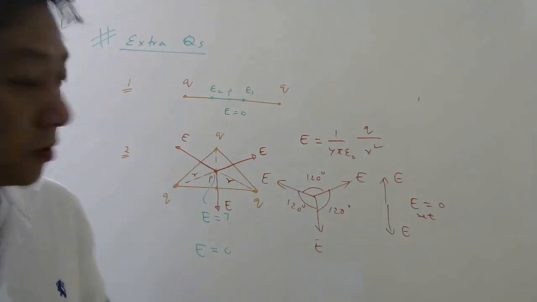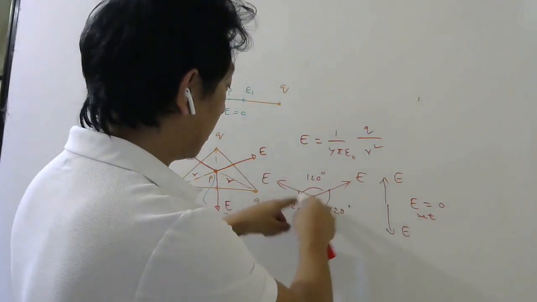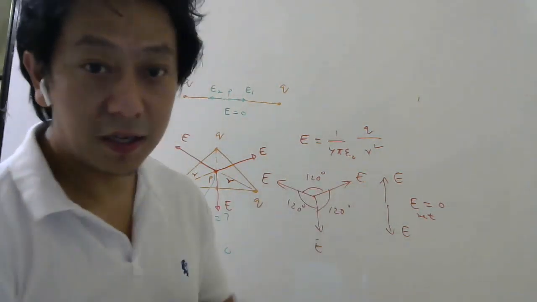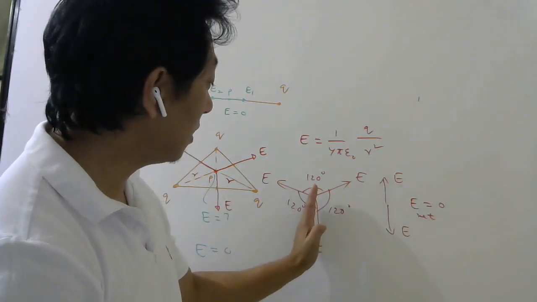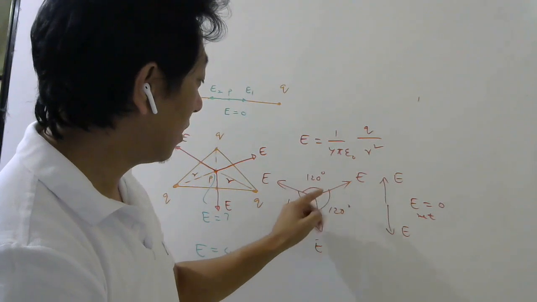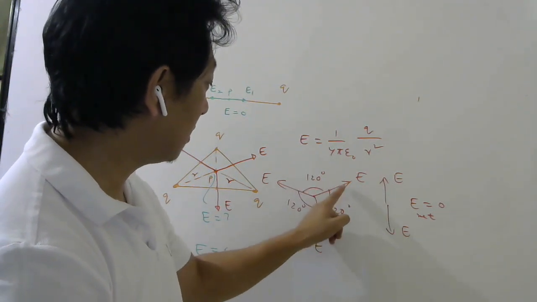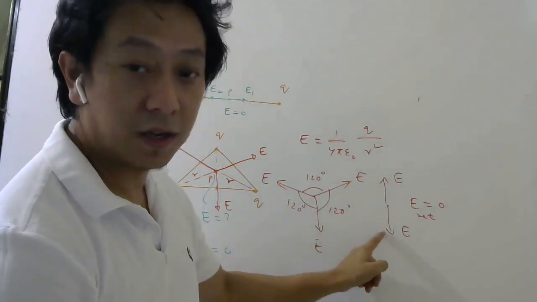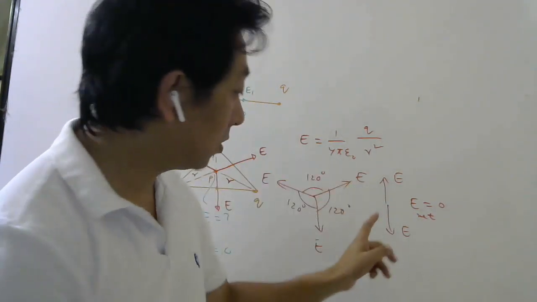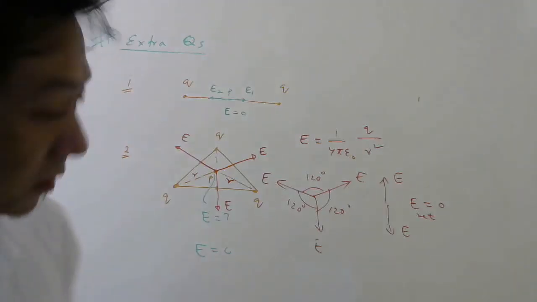Understood, all of you? When two vectors of the same magnitude are at 120 degrees, the resultant will also have the same magnitude, and the direction will bisect this angle. Bisecting this angle means the resultant of this and this will be directly opposite to the third electric field. So the total electric field will be 0.